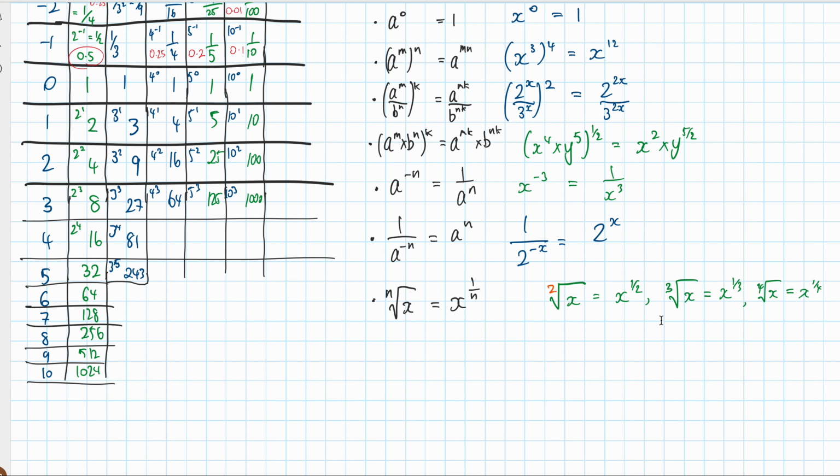The last one we're going to look at is when we start combining all these rules. So you could have the nth root of x to the power of m, for instance. Now, all this happens is you can re-express this as x to the m all to the 1 on n. So all I'm doing is just making it a fractional index. I really like to get rid of that surd form and go straight to a fractional index.